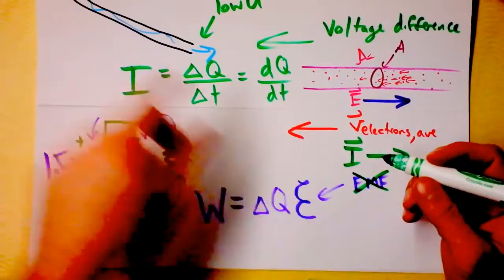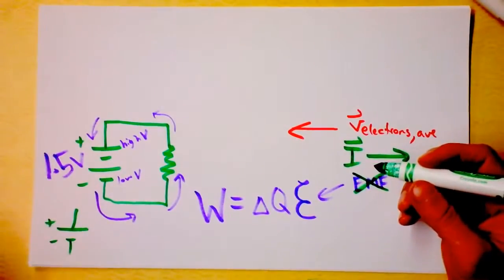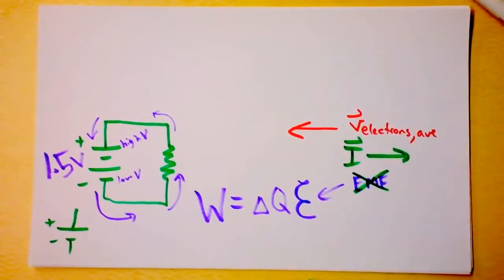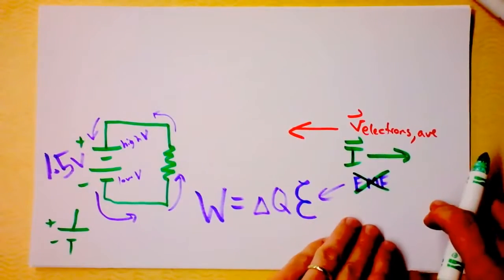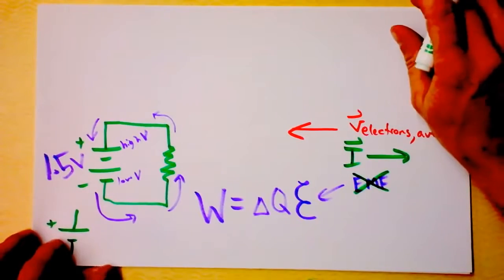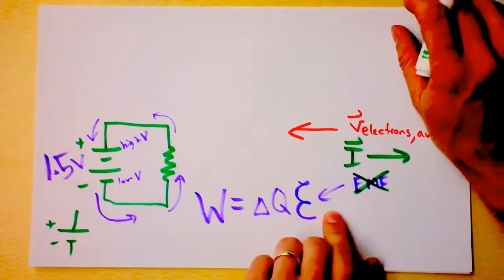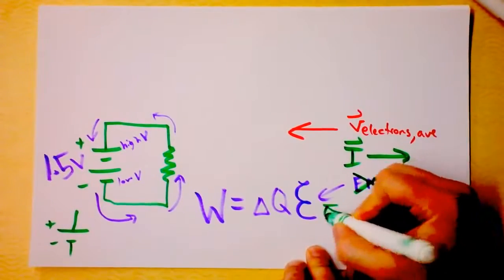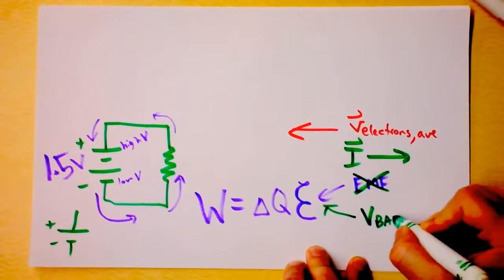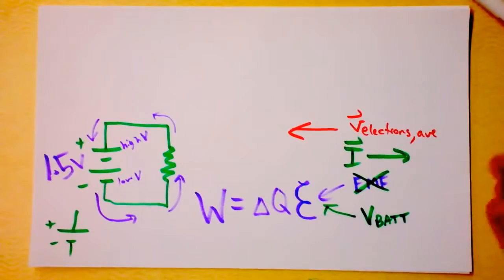I don't think that this word should be used ever again. It comes from a time before truly the interaction between electricity and magnetism was understood, and it was thought that it was something special, but it is truly just electric potential. So I'm going to call this the voltage of the battery, or the voltage of the circuit.